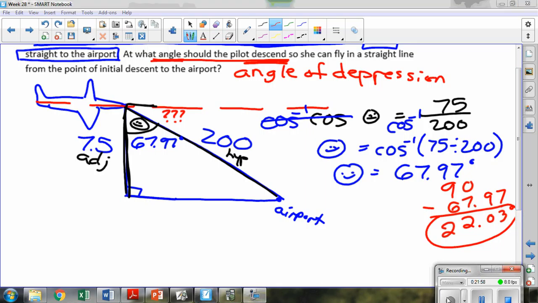It's worth noting, this is not the only way to do it. If you remembered that we had parallel lines, alternate interior angles are congruent. And so we could have instead said, figure out this angle theta, which would have been our answer.